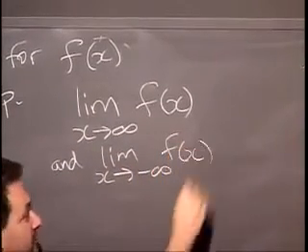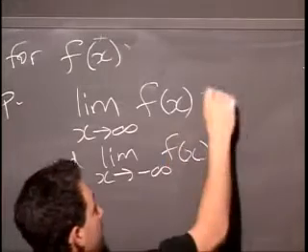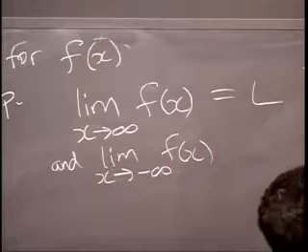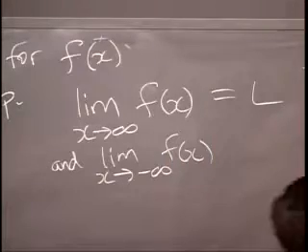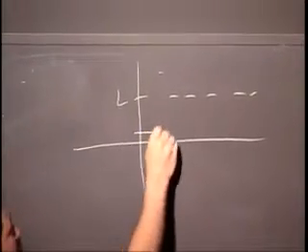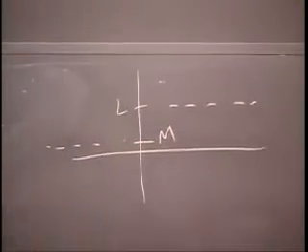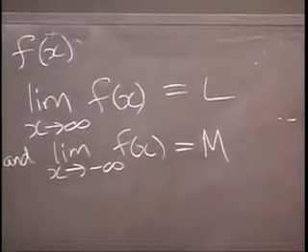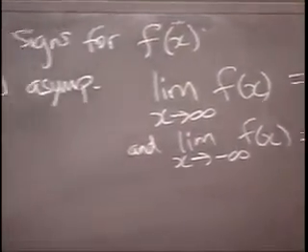Find those two limits. If the first happens to equal L, say, then you have a right-hand horizontal asymptote at L. And if the other happens to equal M, you have a left-hand horizontal asymptote at M. Of course, if the limits don't exist, you don't have horizontal asymptotes. Or if the limits are infinite.